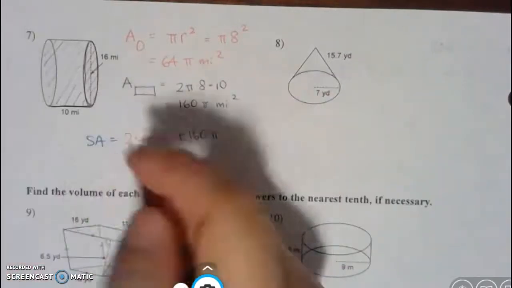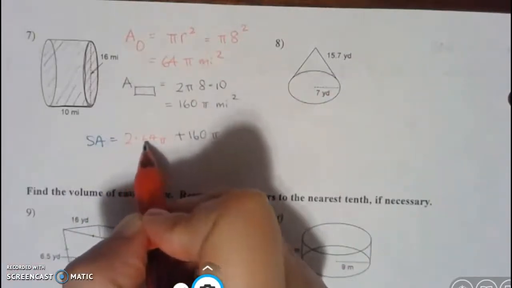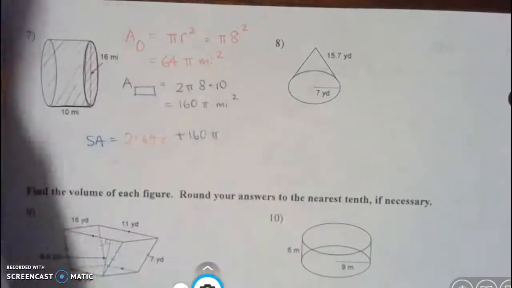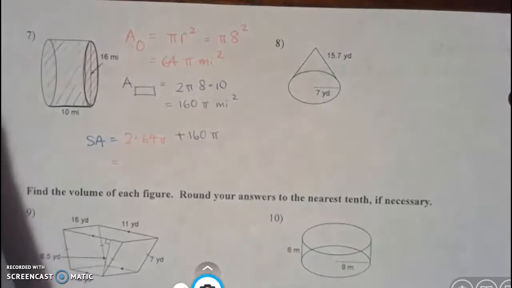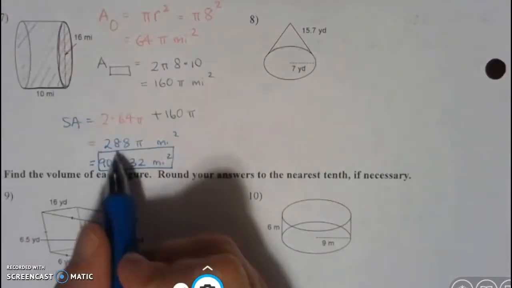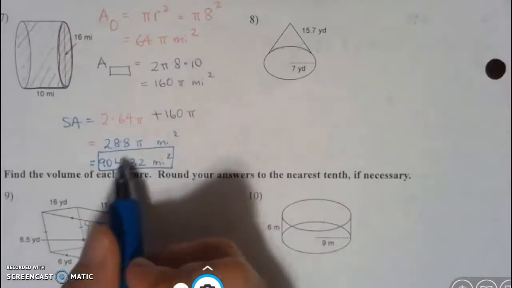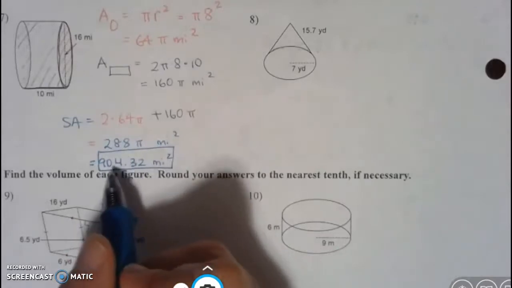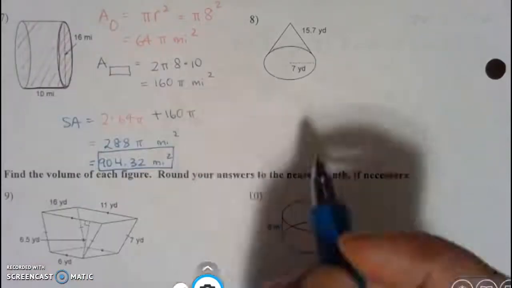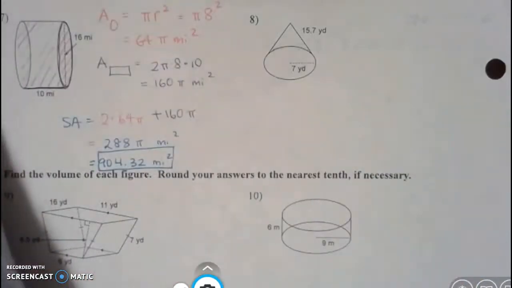So 64 times 2 is 128 plus 160, and when I use the calculator I get 288 pi, which to 2 decimal places is 904.32 miles squared.